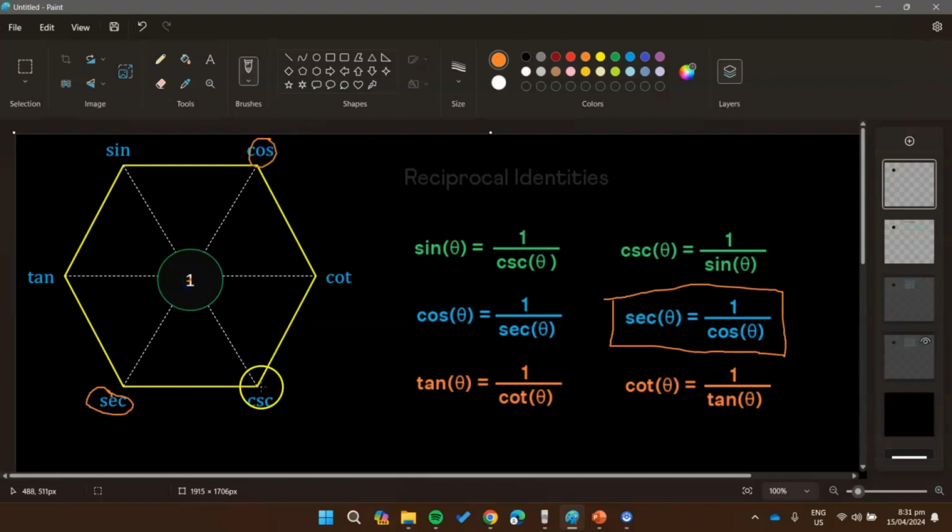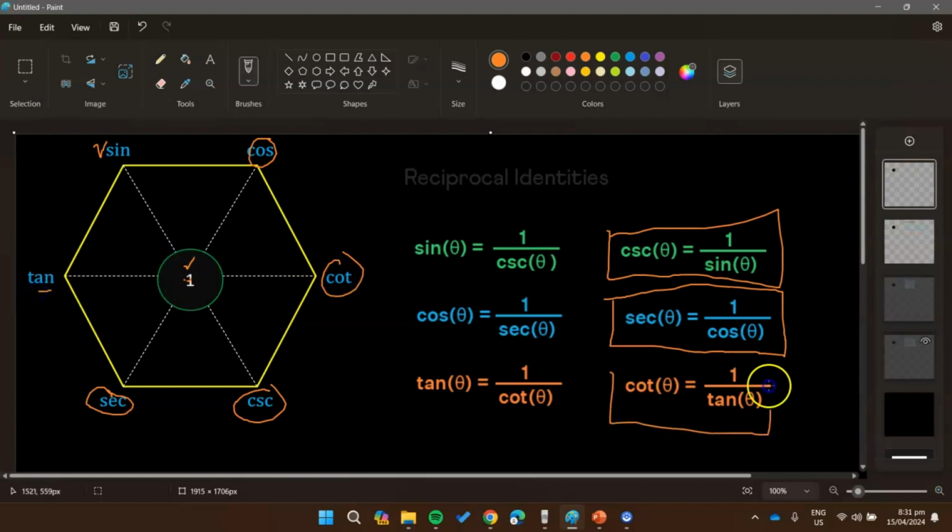And then we also have cosecant theta is just 1 over sine. This is it. And then what about cotangent theta? So we have cotangent theta is just equal to 1 over tan. We have this one.